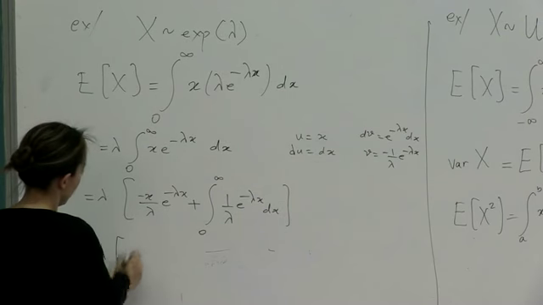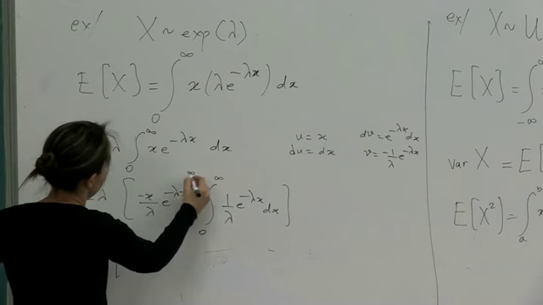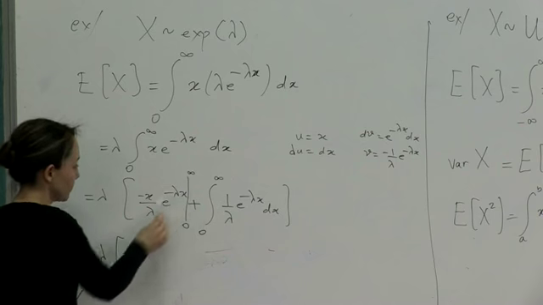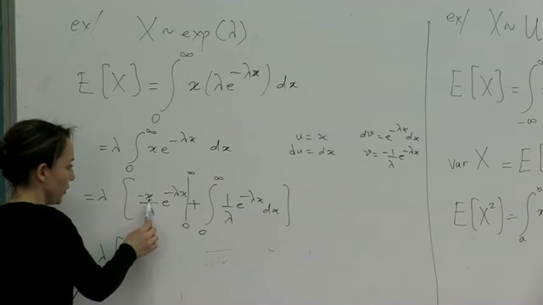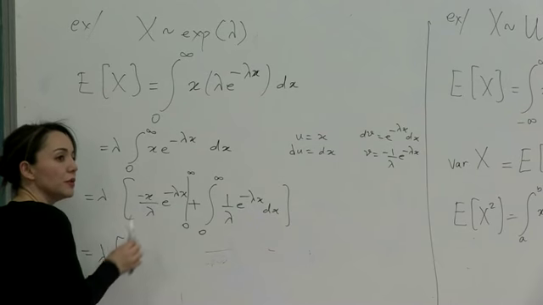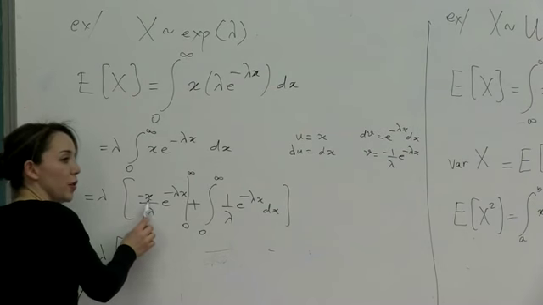So let's compute this first part from 0 to infinity. At infinity, what happens when you multiply x with e to the negative lambda x and take x to infinity? This is a polynomial term that increases with x.